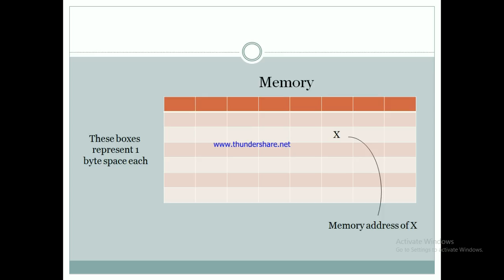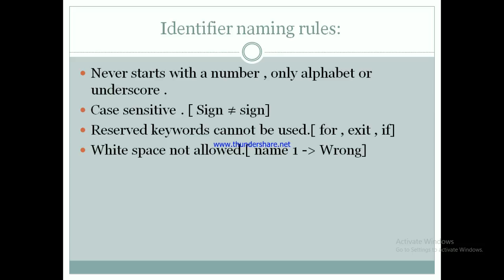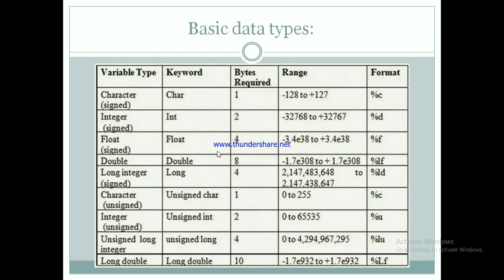So this here is the entire memory, and somewhere here x is assigned a piece. So when we write ampersand x, it points out to this block named x where the value is to be stored. %d is used for integers, similarly %c is used for character, and others as shown in this table.